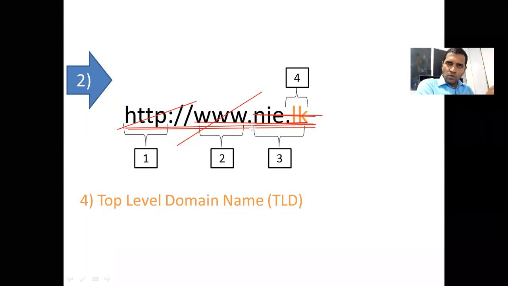Is it remembering facebook.com or remembering that particular numerical figure? You know, remembering numerical figures is always tough, but remembering those English words, so English alphabets, is simple. So everyone remembers facebook.com, but no one remembers that particular IP.